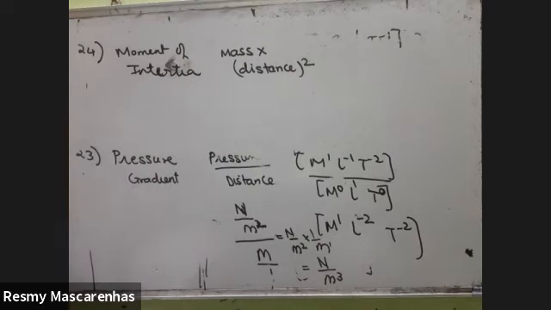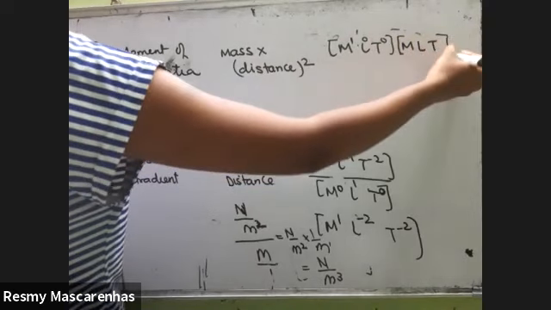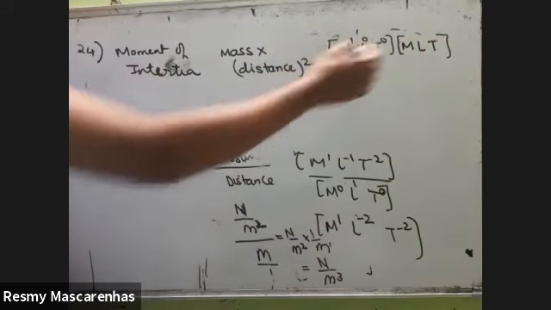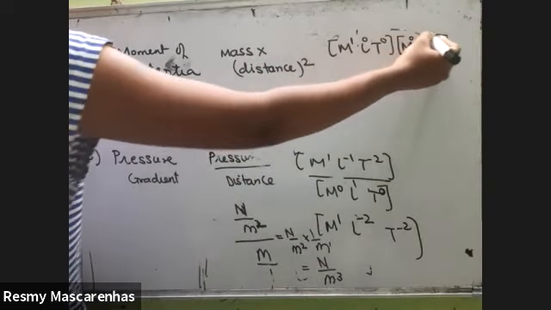These are simple. Mass means only M will be 1, the rest are 0. Distance means only length will be 1, the rest will be 0. Distance and length mean the same. And there's a power square.